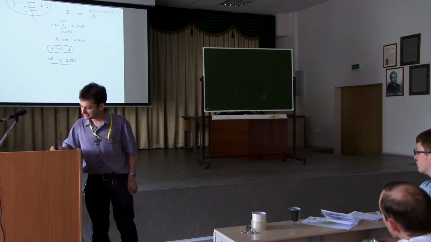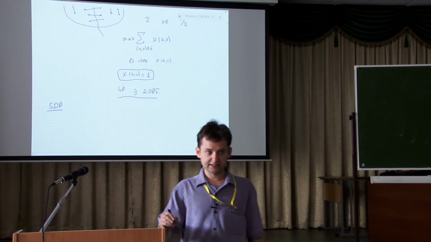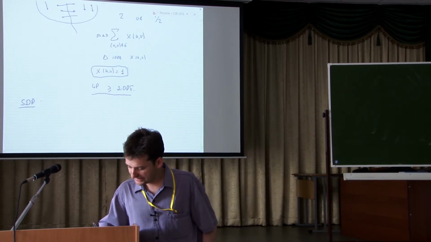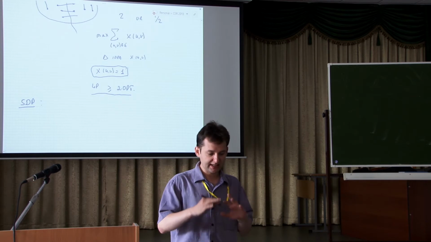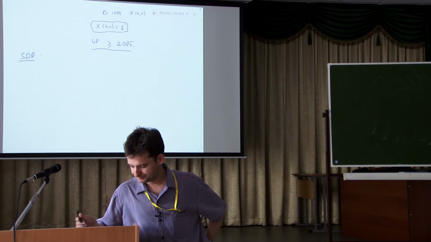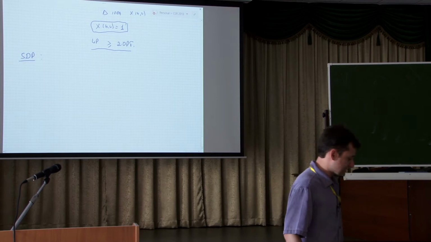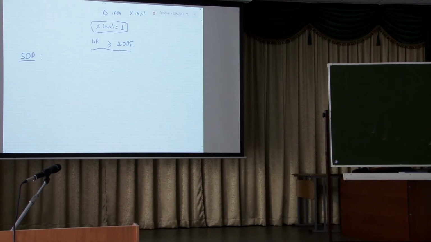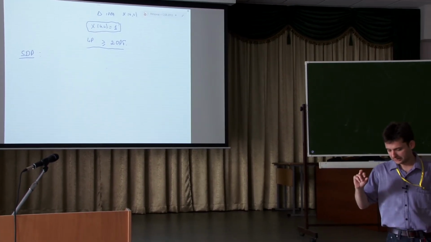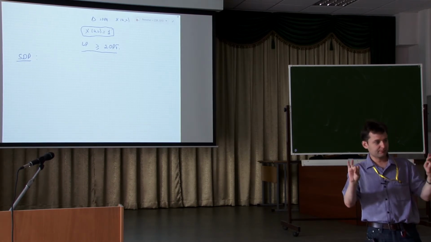This technique is called semidefinite programming, and it was introduced by Goemans and Williamson in 1994. So what is the idea? The idea is that we strengthen this LP. We will think of some kind of physical model. We want to put our graph on a sphere and assume that there are forces between vertices that push them apart.